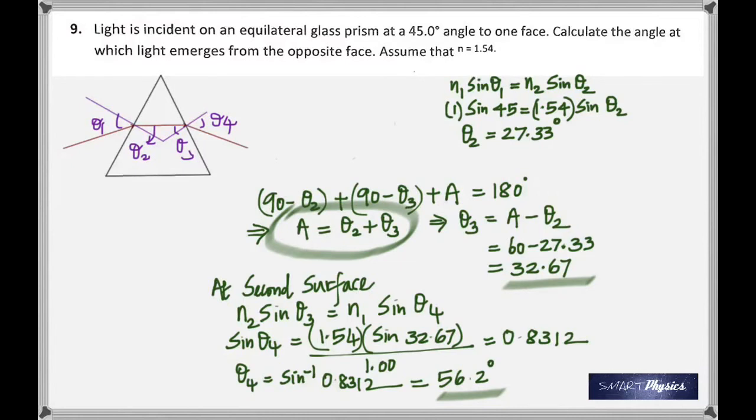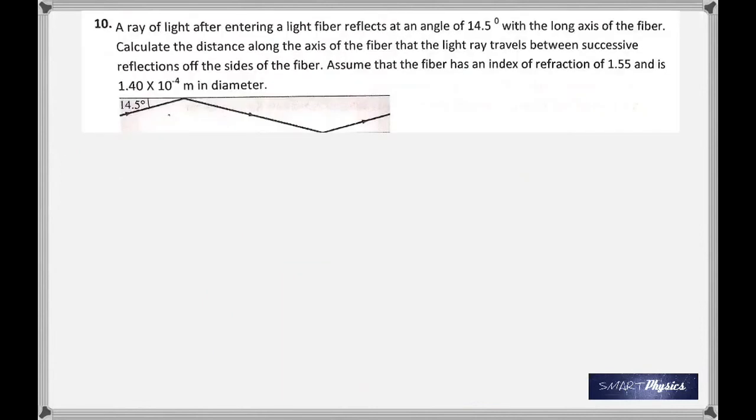Pause the video and look at the picture of what has transpired. In this optical fiber, light reflects at an angle of 14.5 degrees. And you have to find the distance along the axis that the light travels between successive reflections.